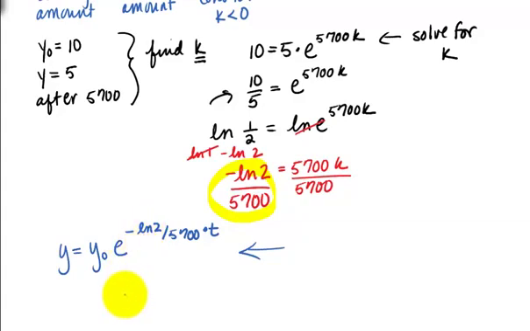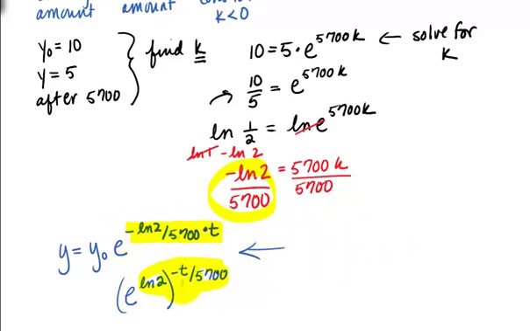So if we rewrite this as e to the natural log of 2, and remember the properties of exponents, if we multiply this to the opposite of t divided by 5,700, when we multiply these two things together, we will end up with this.